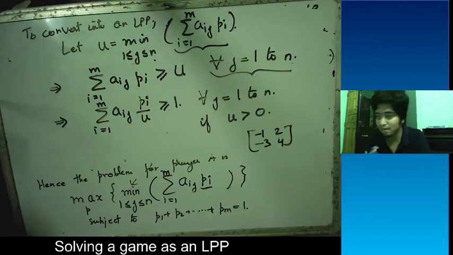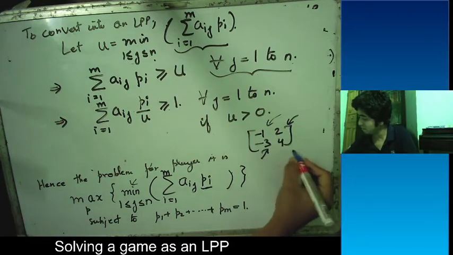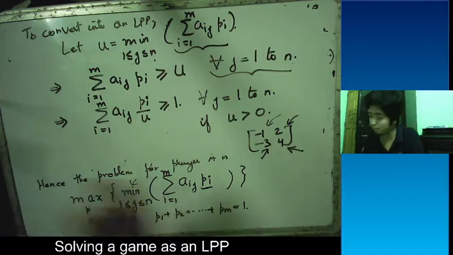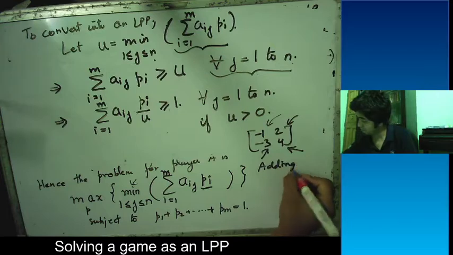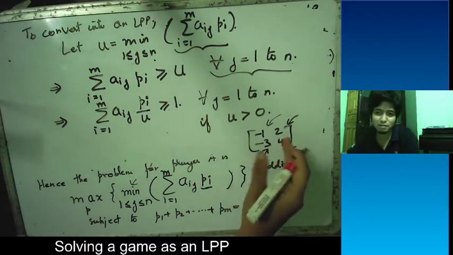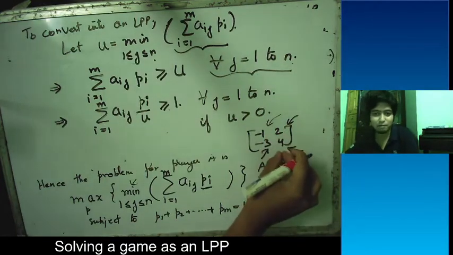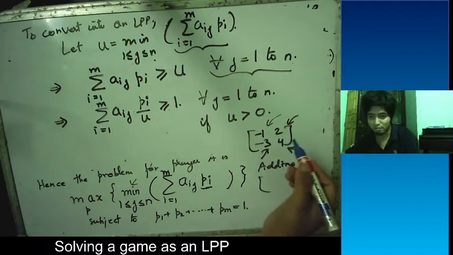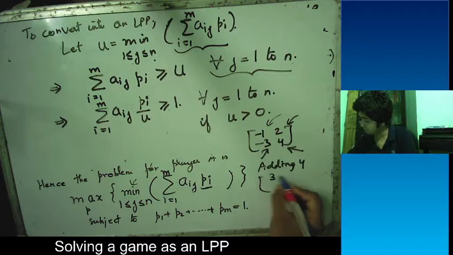We can avoid that by adding a fixed number to each of these values. For example, we can add the number 4. If all of them are already positive, then of course the minimum payoff will also be positive. But if some are negative, we can add 4 or some other number, maybe 5 or 6. Adding 4, we will get 3, 6, 1, 8.